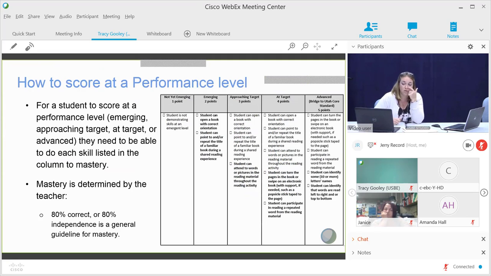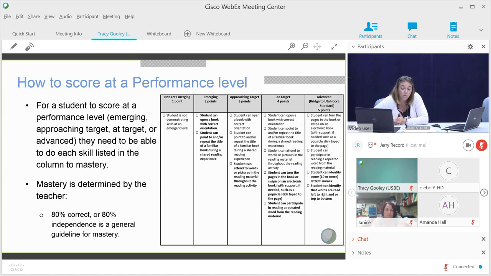So let's look at how to score at a performance level and move across those levels. So for a student to score within a performance level, whether it's emerging or approaching target or at target, they need to be able to do each skill that is listed in that column to mastery. And what does mastery look like? Mastery is determined by the teacher.